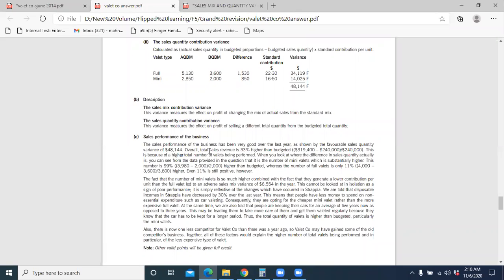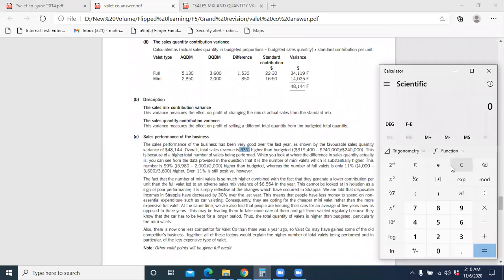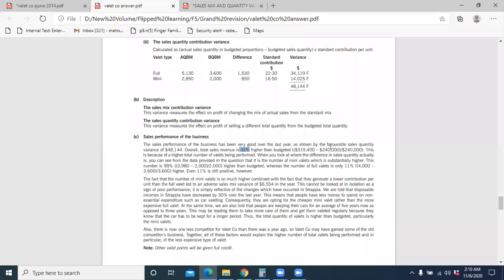And then I could start explaining that overall total sales revenue is 33% higher than the budget, and also just show the workings. You did it on the calculator, but the examiner doesn't know. While you're writing the answer in paragraphs, you also explain how you calculated this figure of 33%. I did it here, right in front of you on the calculator, but the examiner doesn't know.